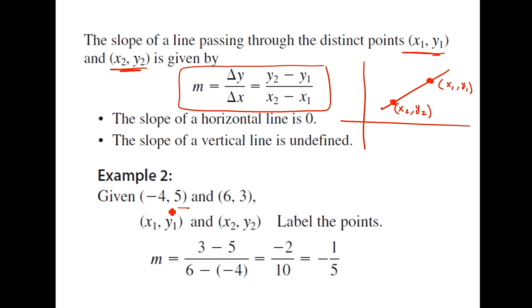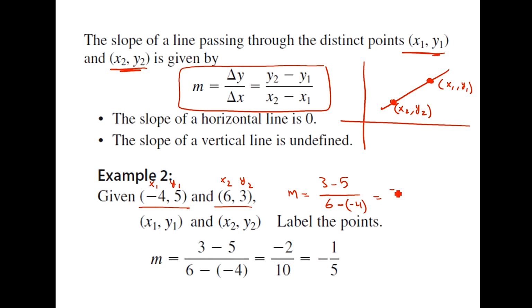Look at this example. We have 2 points. Directly, we can put it, this is x1, y1, and x2, y2. And the slope equal y minus y, 3 minus 5, and x2 minus x1, this is 6, negative minus negative 4.